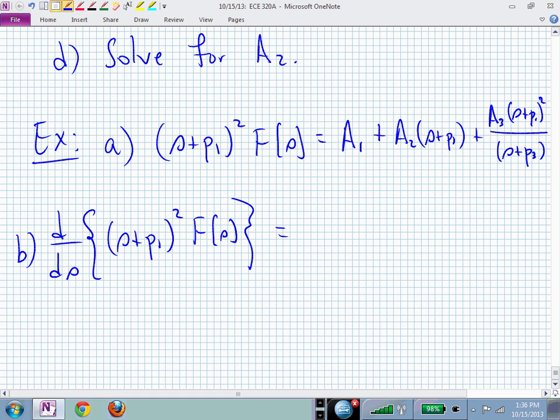What's that produce? What are we trying to do? We're trying to find a2, so when any of these go away, that's a good thing, right? A constant, when it differentiates with respect to s, is gone. Now we differentiate the second term, a2 s plus a2 p1, with respect to s. Now we've isolated a2.